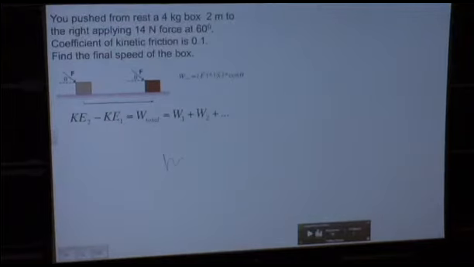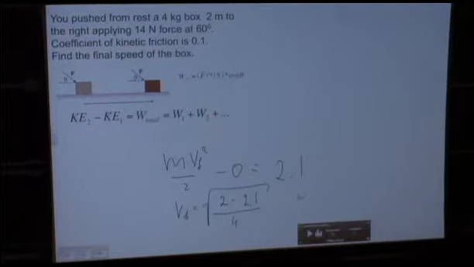So the final kinetic energy, mv final squared divided by 2, minus 0, should be equal to that number we just got, 2.1 joules. And because we know the mass, the final speed will be the square root of 2 times 2.1 divided by 4, meters per second.